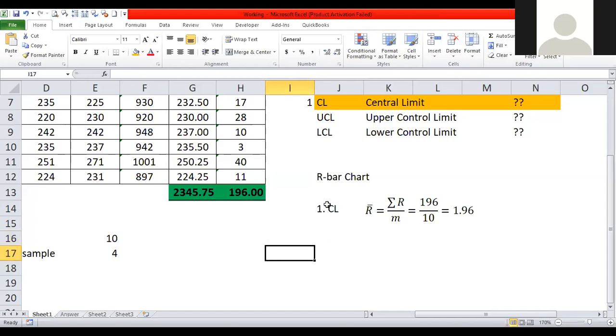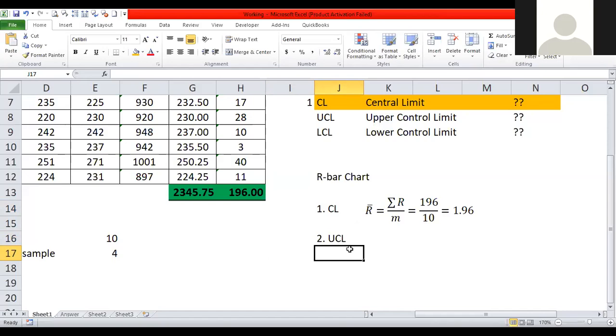So now number two. Number two, we have to calculate upper control limit for R bar chart. Yes, thank you for your answers. Your answers are perfect.